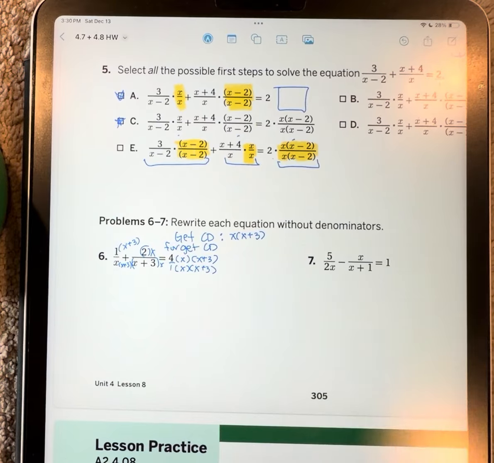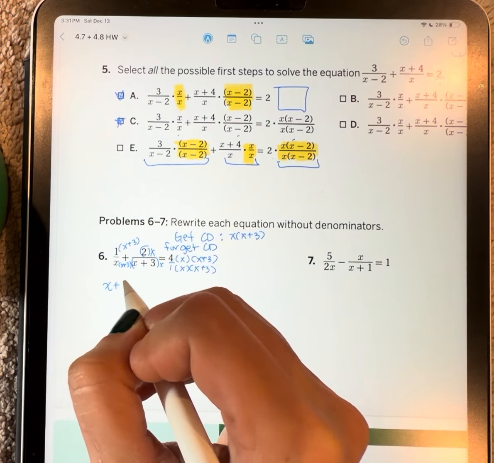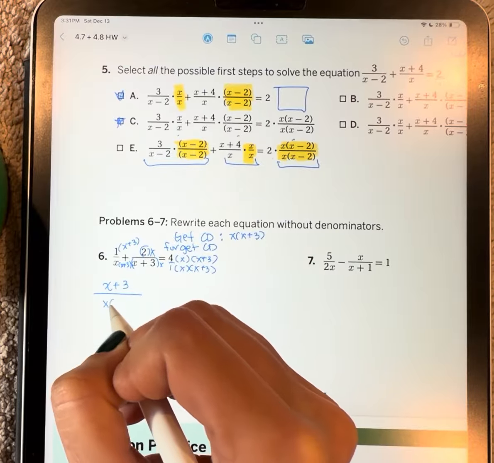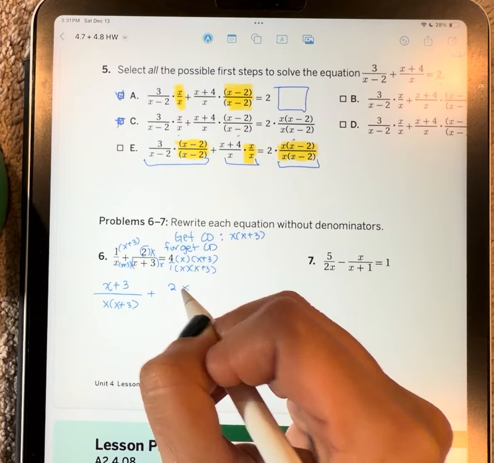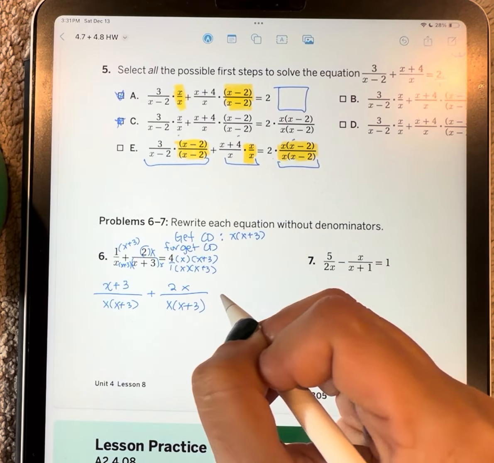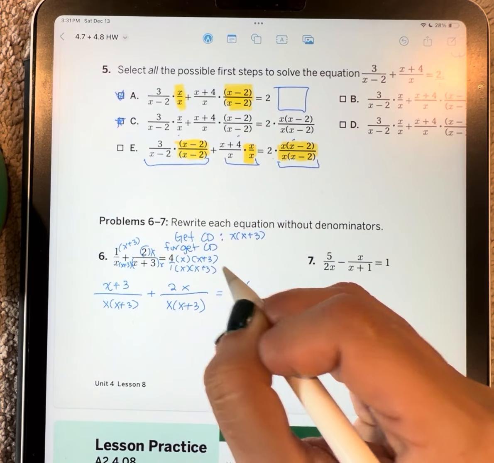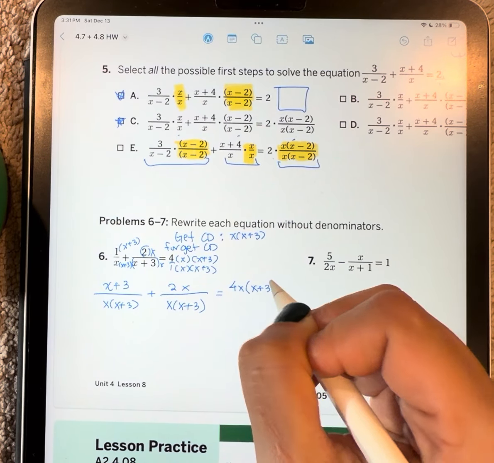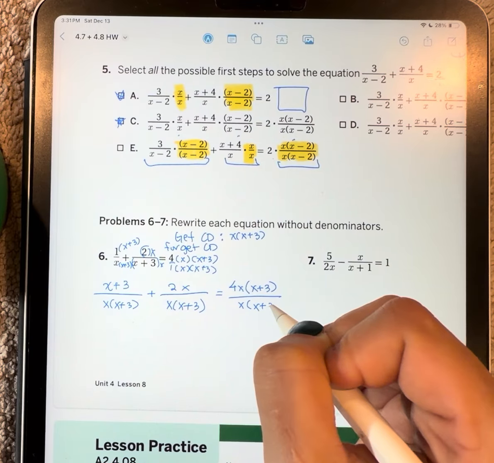Okay, that looks so messy that I am going to rewrite it this time. What I have now is x plus 3 over x times x plus 3. I have 2x over x times x plus 3. And I have 4x times x plus 3 over x times x plus 3.